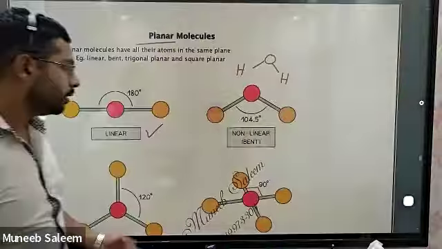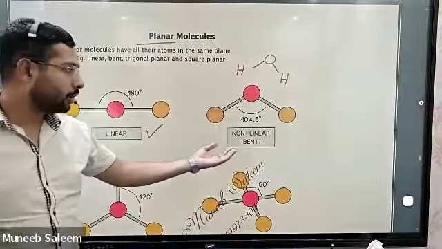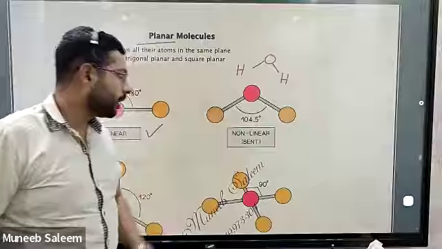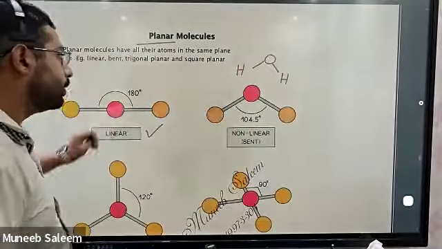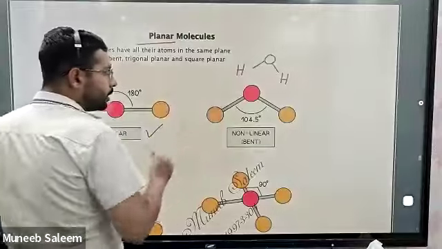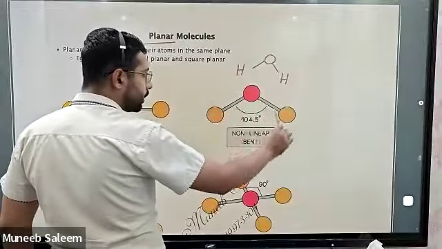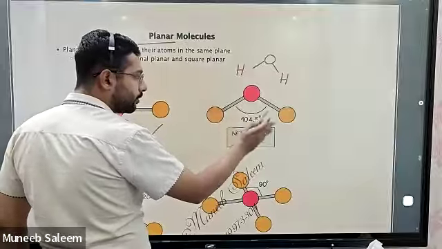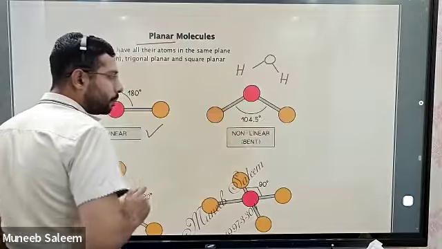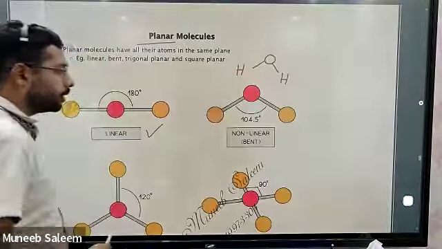So in this manner, we can have this non-linear structure. It is also called a bent structure, and the angle mentioned is 104.5 degrees. Again, you can see that these atoms are all present in one plane. If you consider this screen as a plane, then these three atoms are present on a single plane.